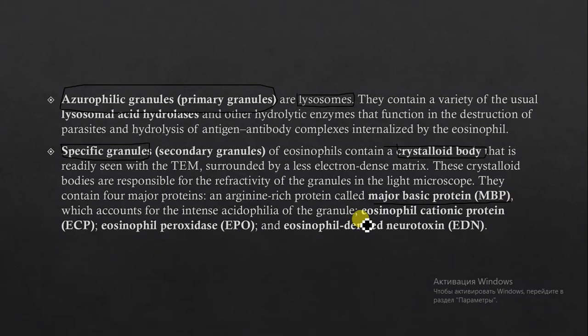Then eosinophil cationic protein, ECP, then eosinophil peroxidase, and eosinophil-derived neurotoxin. The functions of them will be much better discussed in pathology. Just remember that we have azurophilic granules, which are lysosomes, and we have specific granules. They are non-membranous granules, they are crystalloid bodies.